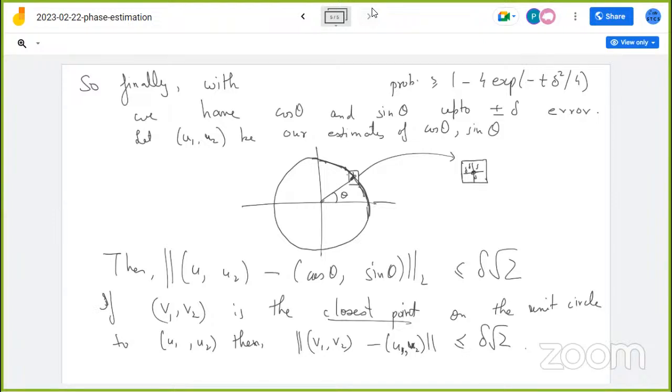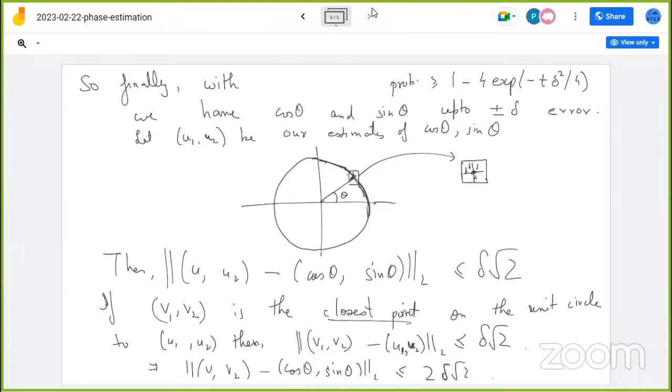So now I claim that V1, V2 is quite close in Euclidean distance to cosine theta, sine theta. Yeah, that's the triangle inequality. Now, I've only managed to bound the distance.